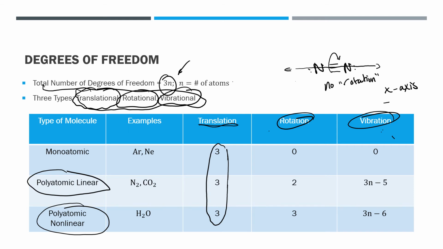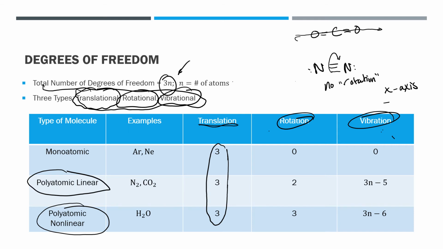And that's why it needs to be linear for this to be true, because I need to find an axis that goes straight through my bond. If I think about CO2, for example, and I pick the x-axis like that and rotate around it, again, there's no rotation really happening. But let's look at the other two axes.